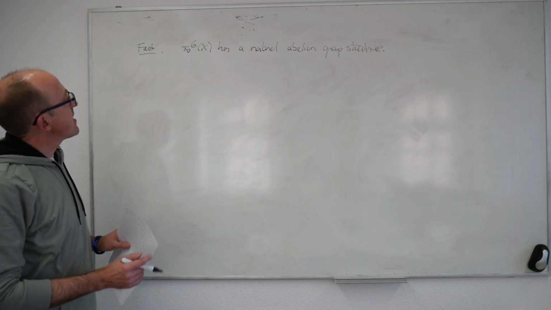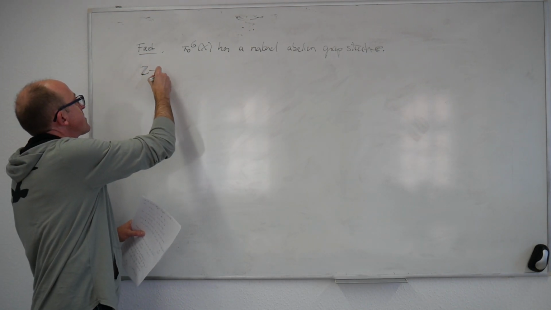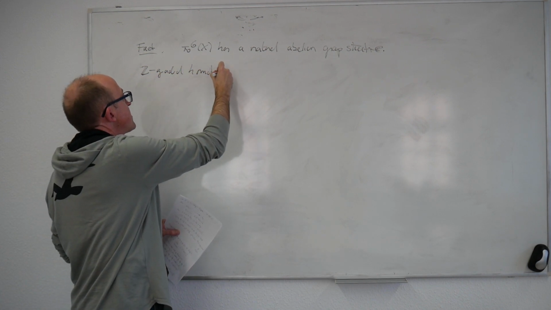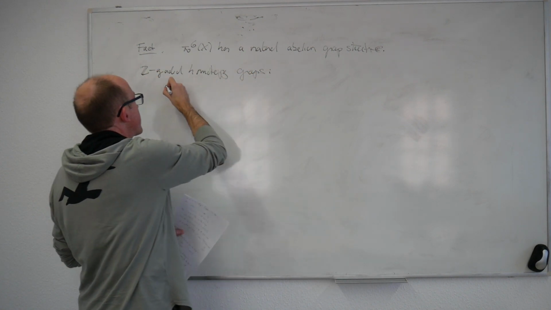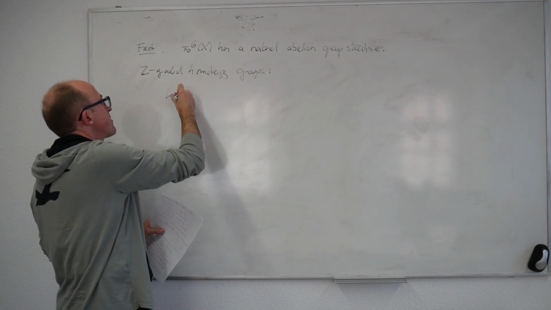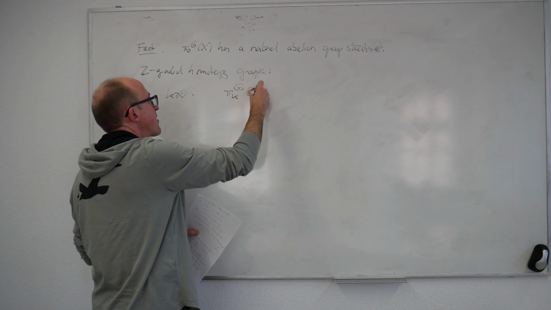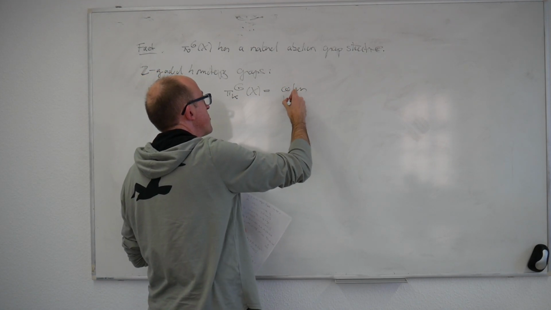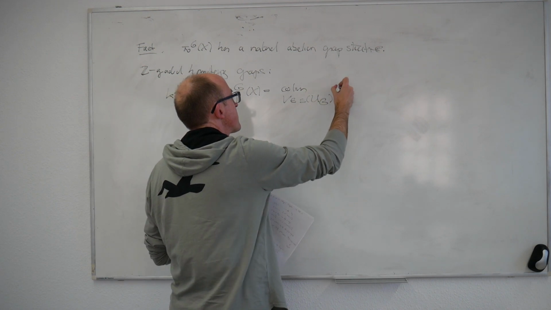There is a way to extend this to Z-graded homotopy groups. The definition is basically the same, and I will be brief. So for k greater or equal to 0, we're going to set pi k G-equivariant of X as the colimit, again, over V in finite dimensional sub-representations of the complete universe.